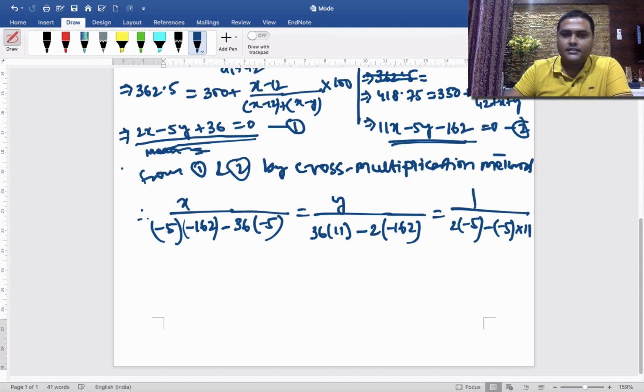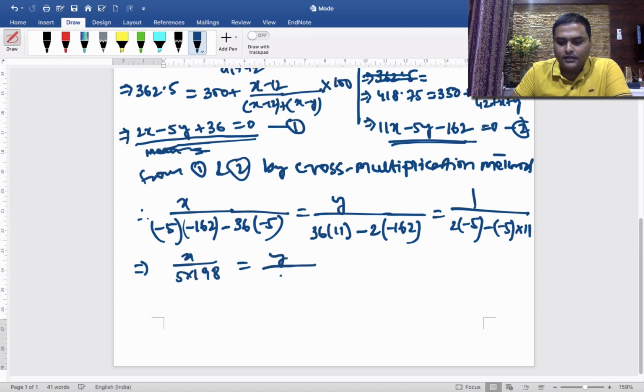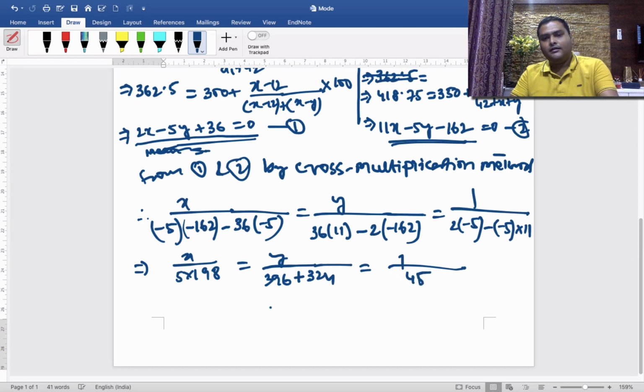Now solving this, we can get x by 5 into 198, y by 396 plus 324, 1 by 45. Now the best way is, if you cannot follow this step, you can calculate it separately and you will find the same result.